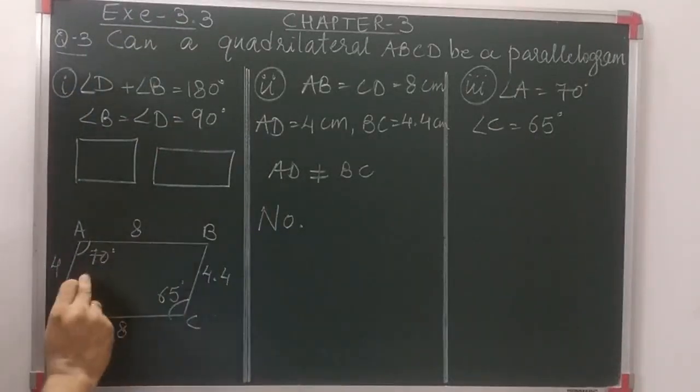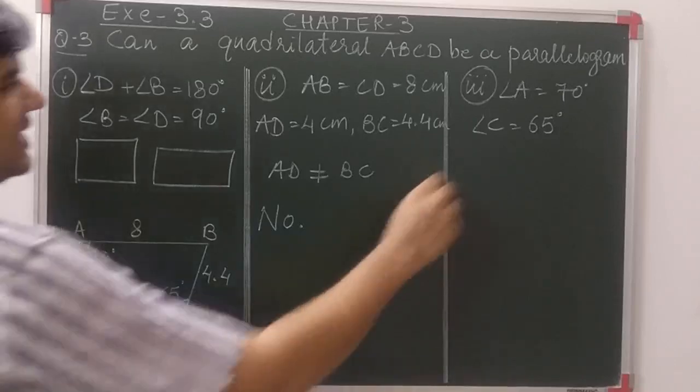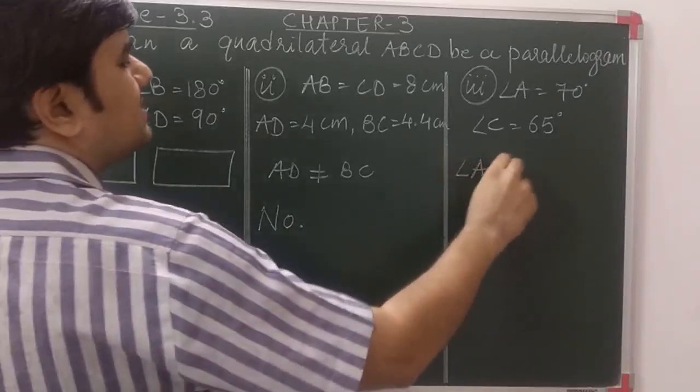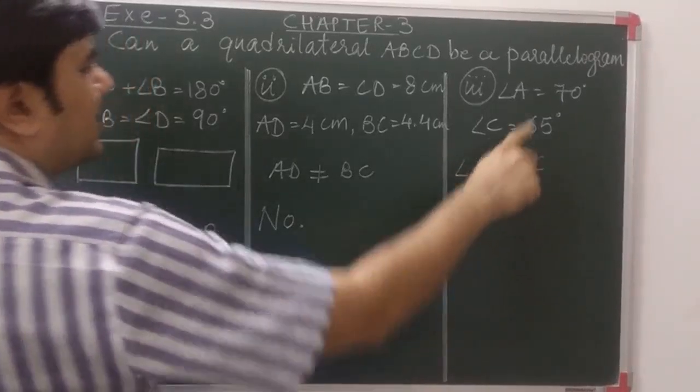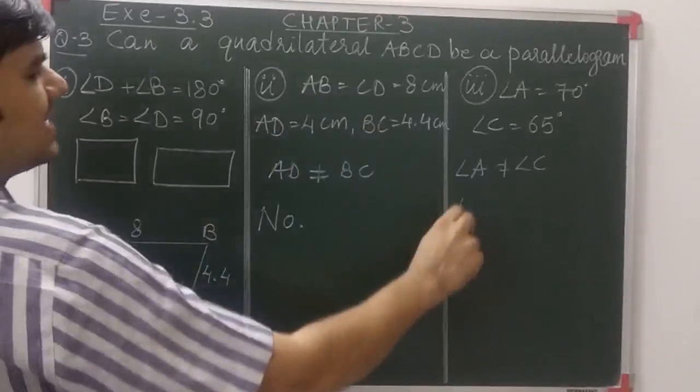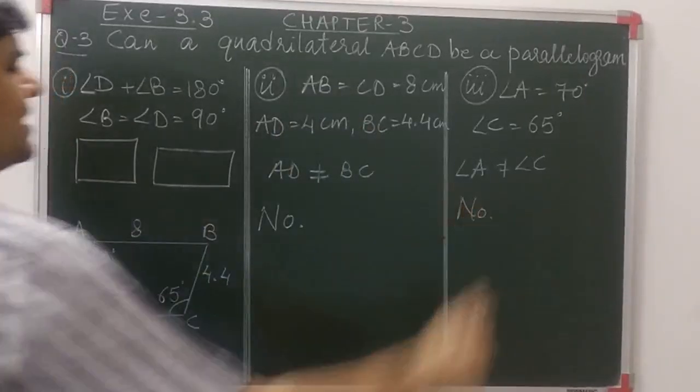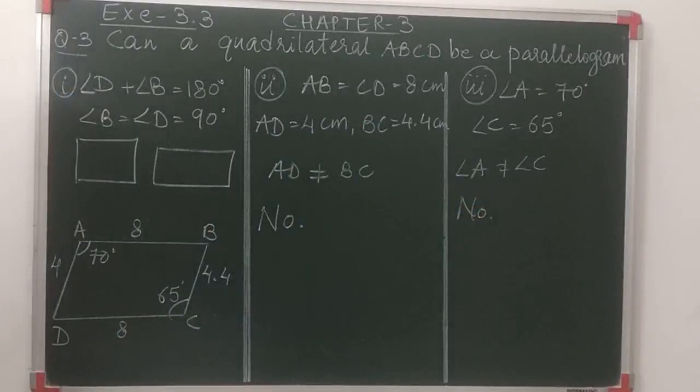A and C are both opposite angles, so A and C must be equal, and they are not equal. Again, this condition does not satisfy that it is a parallelogram. So for the first condition, it can be or it cannot be. For the second and third, we can say no, the given condition does not satisfy that ABCD is a parallelogram.